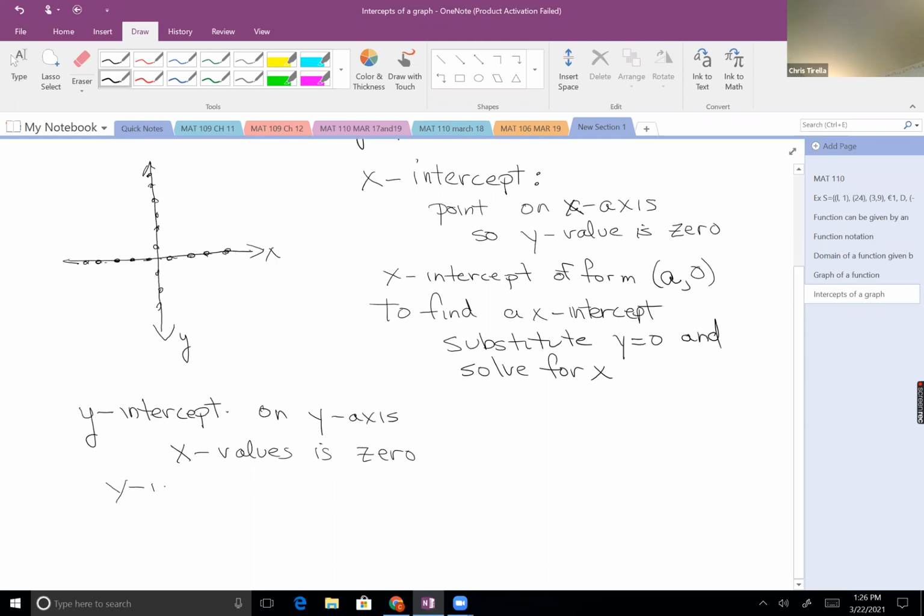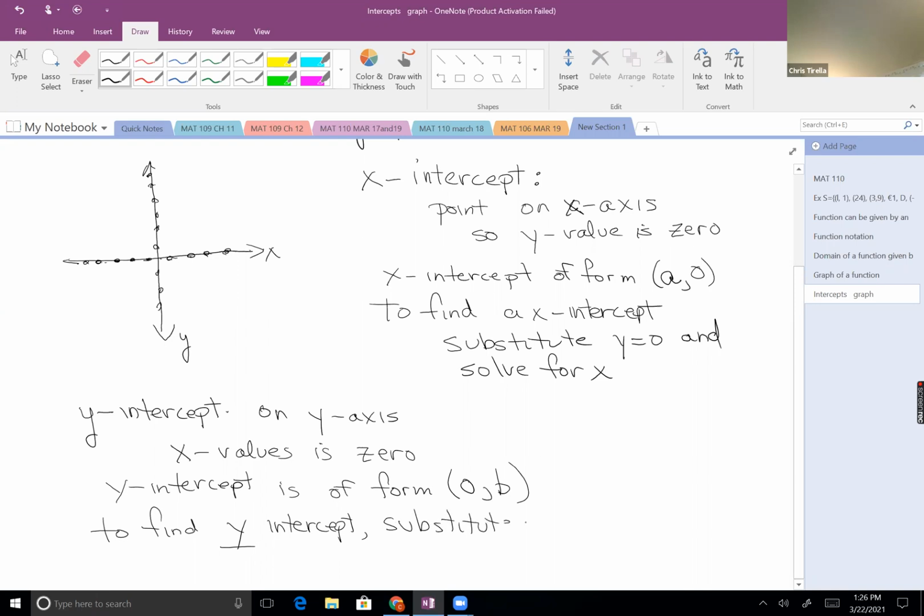So the y-intercept is a point of the form (0, b). The x value is 0, and there's some y value, we'll call it b. So to find the y-intercept, we'll substitute x equals 0 and solve for y.